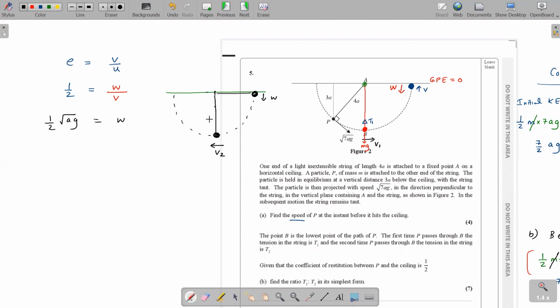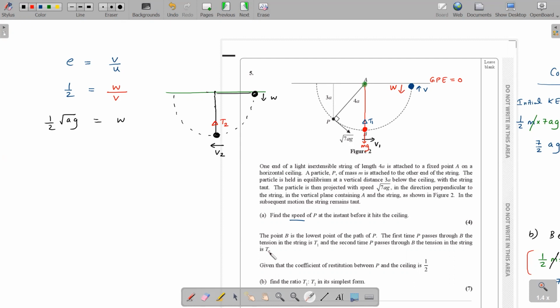So I'll say this is V2, and at this point the tension they have mentioned for the second time it's coming down is T2. That's what they've told us.